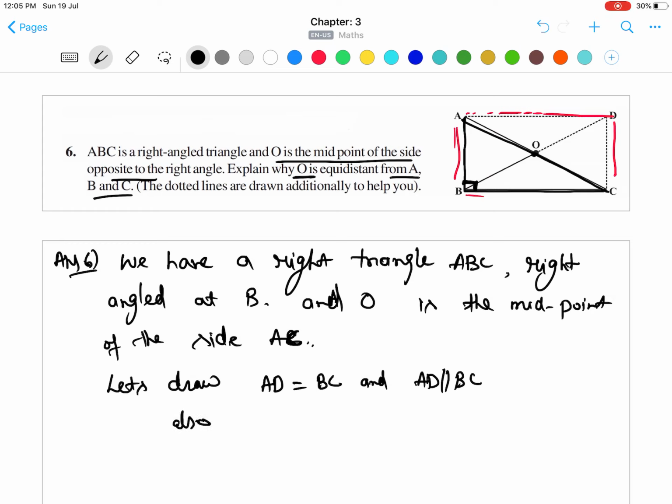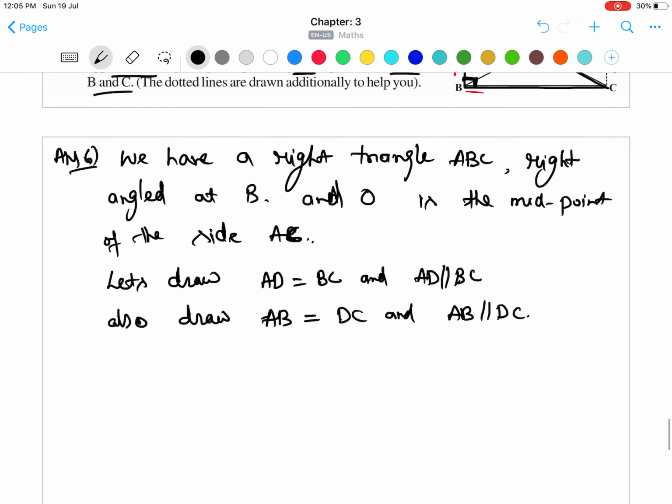Also we'll draw AB equal to DC and AB parallel to DC.